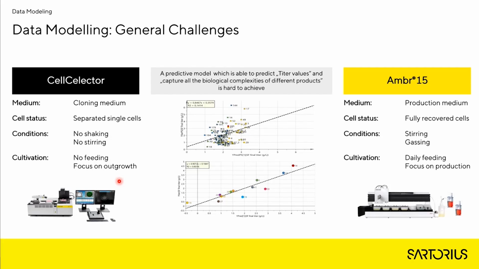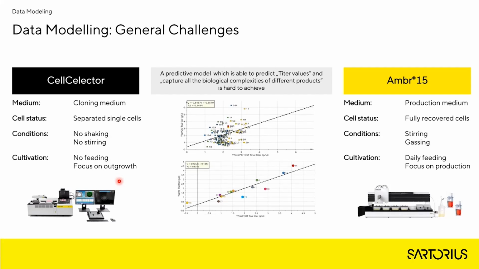Considering that in the cell selector step, cells are in totally different conditions in comparison to the Ambr 15 scale, where you want to have your prediction. So basically, you want to use the data from the cell selector at a very early stage to predict the amount of your product in Ambr 15.